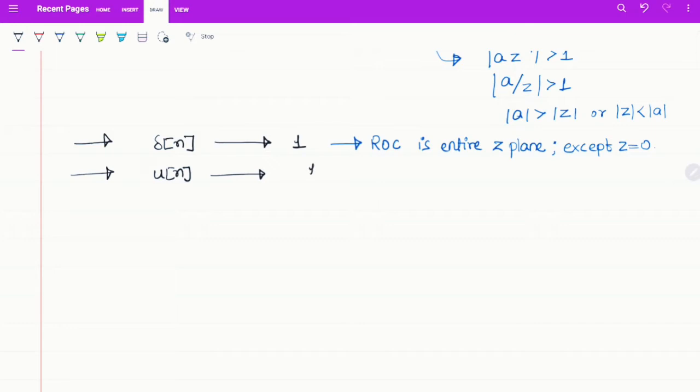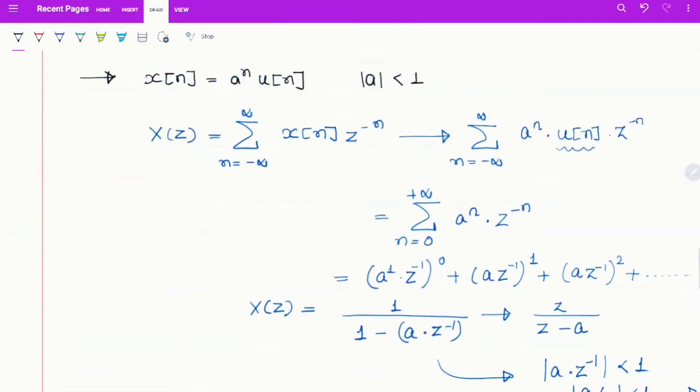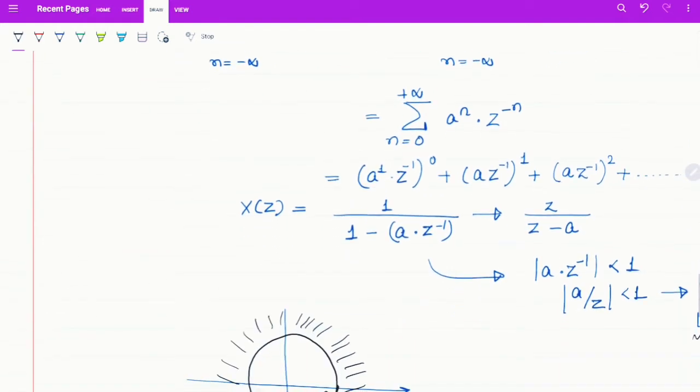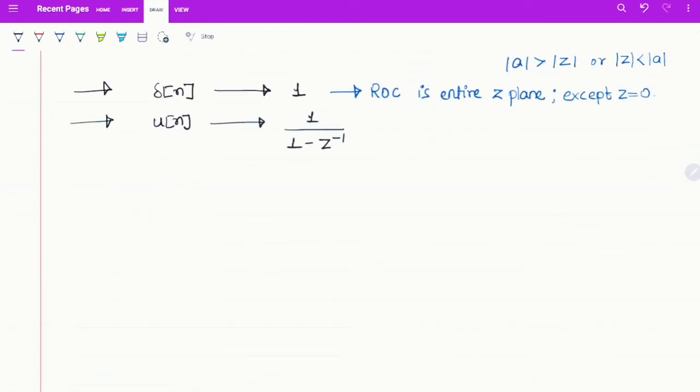For the step function, just put the value of a equal to 1 here. So what we'll get as the z transformation will be 1 by 1 minus z inverse.